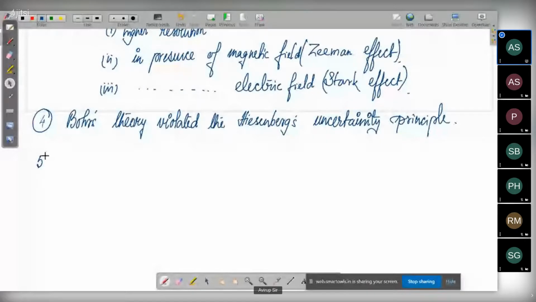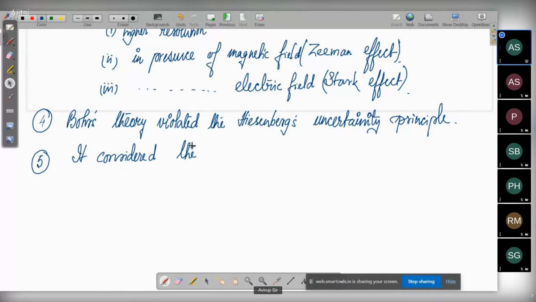And number 5, Bohr's theory considered the atomic structure to be two-dimensional. Remember the structures of atoms that you have drawn, all of them were two-dimensional structures.